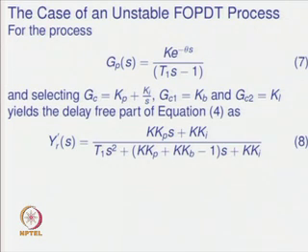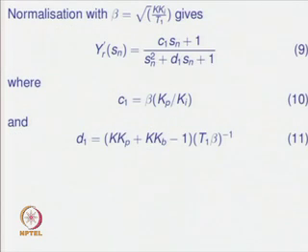Now, how to obtain this in the standard form? If you divide the numerator of equation 8 and the denominator of equation 8 by the term K Ki, then you will get another expression which can ultimately be expressed in the normalized form as YR dash Sn is equal to C1 Sn plus 1 divided by Sn square plus D1 Sn plus 1, where C1 is equal to beta times Kp divided by Ki and D1 is equal to K Kp plus K Kb minus 1 times T1 beta inverse.